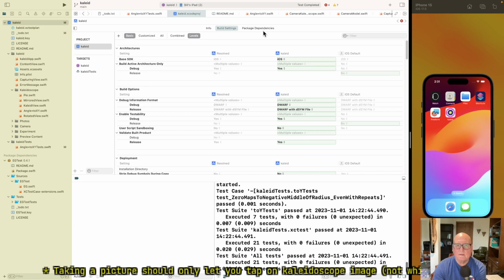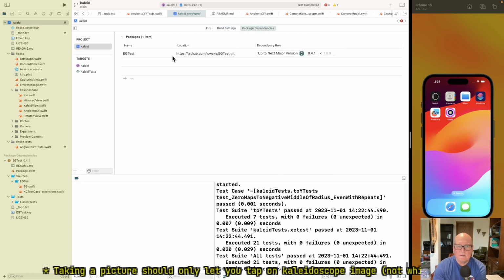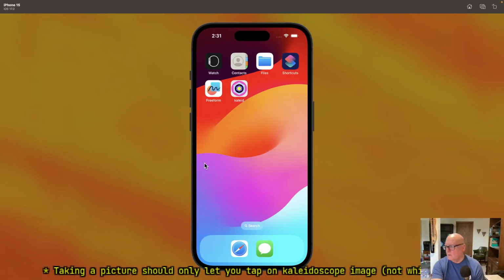Oh, I got EG test there. Yeah, let me kill Xcode. All right, it's a good time for a break anyway. So I'll restart that thing. We'll come back in 4 minutes or so, and hopefully that will wake it up and it'll do better.